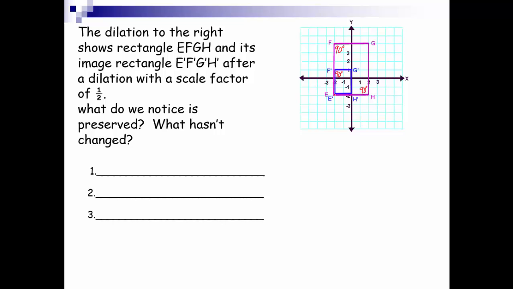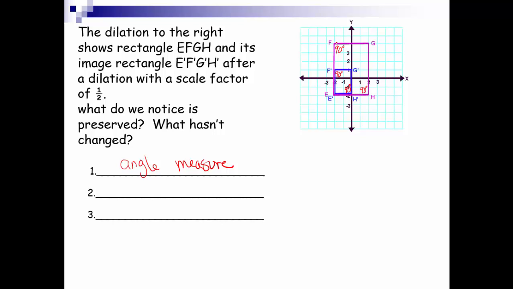How about our image, E prime, H prime, G prime? That angle there you can see is still a right angle. That's still 90 degrees. So what's preserved? What hasn't changed? Angle measures. So angle measure is preserved. The angles still map to congruent angles.